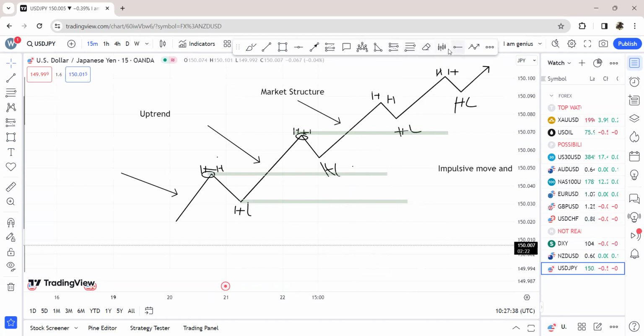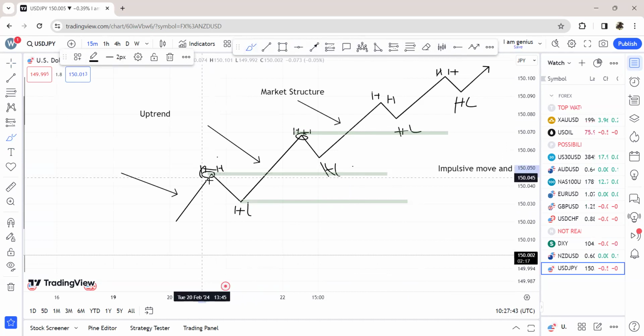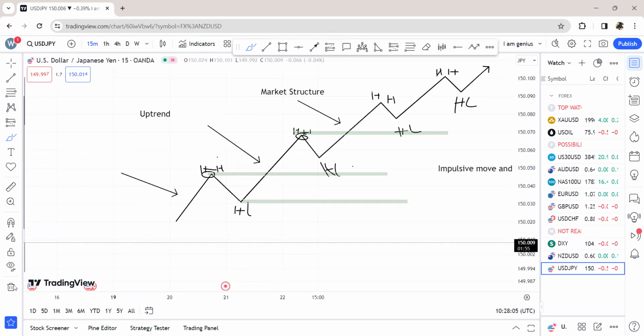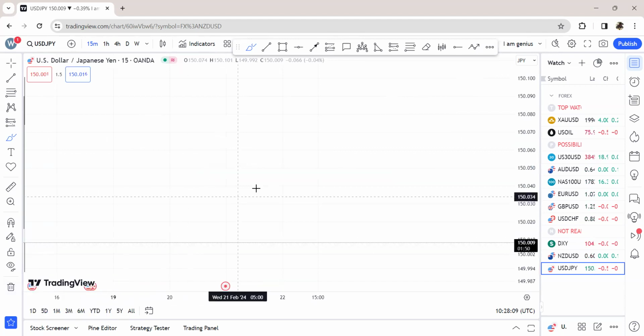Just to hit the point home, you can see from this point, the market failed to go further up, hence was pushed back down. And here it failed to go any lower than that. So this is my support level, that is my resistance level. Now let me erase everything I've drawn.